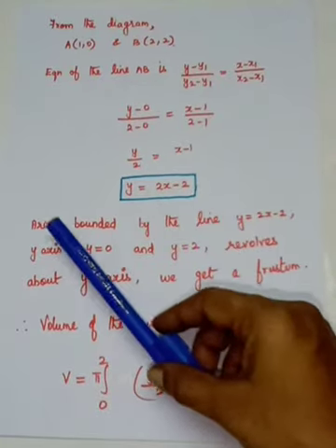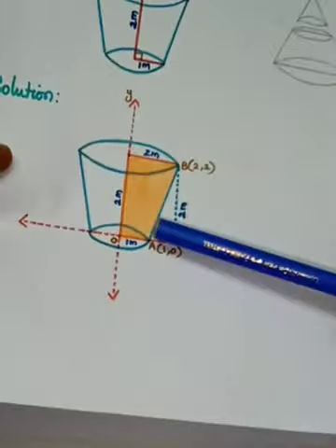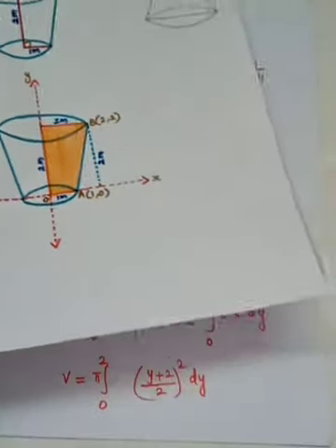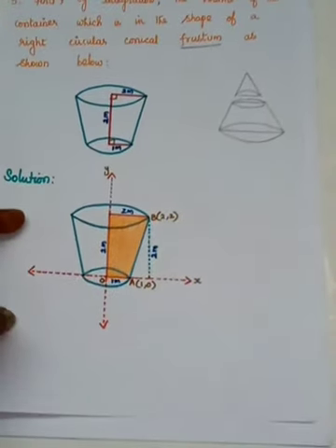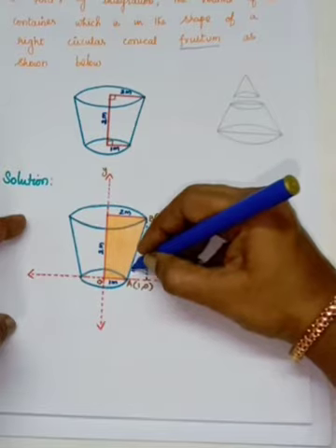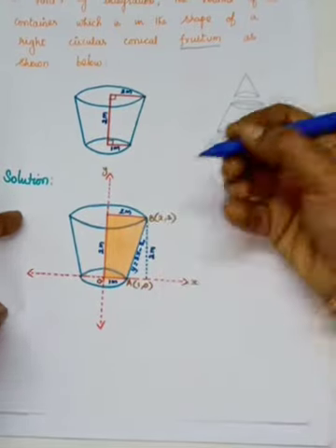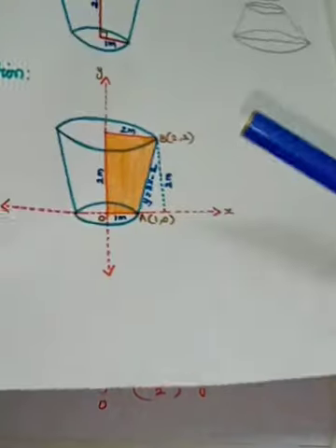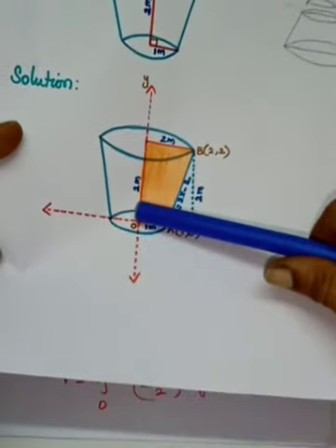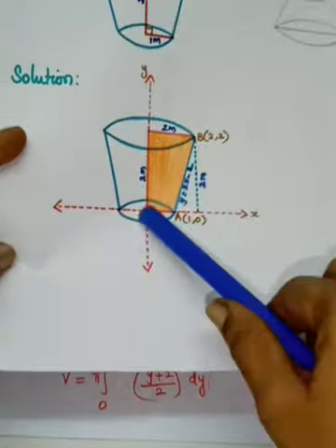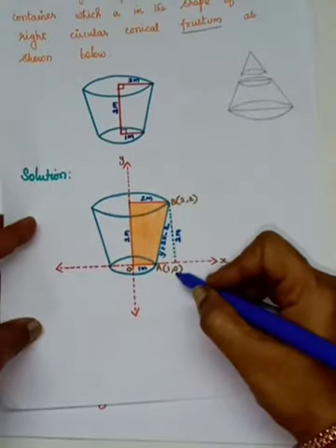So which part? The area bounded by this line, whose equation is y equals 2x minus 2, the y axis, and y equals 0. You see that the y coordinate here is 0.